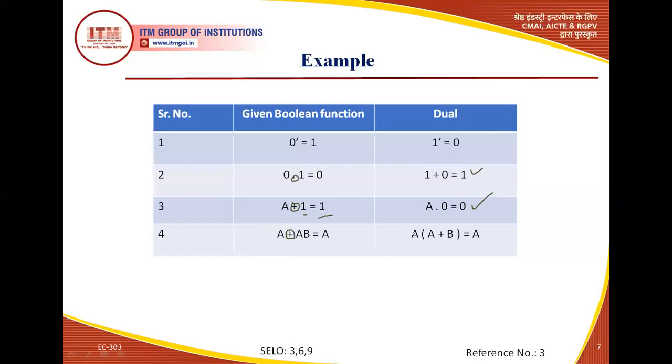That means A dot (A plus B), and here the dot will be changed to plus. So A dot (A plus B) is equal to A also. So that is the duality property of Boolean algebra, in which 0 is changed to 1 and the OR operator will be changed to the AND operator and vice versa. Okay, so that is the duality property.